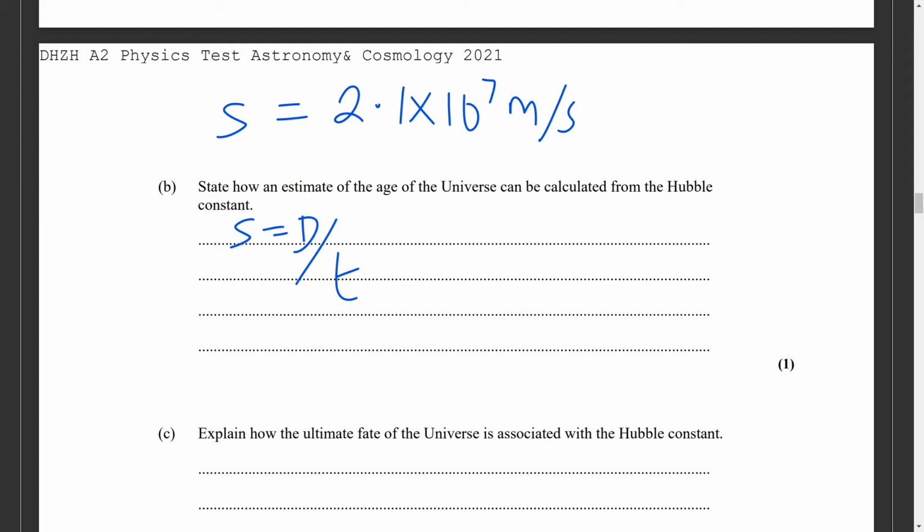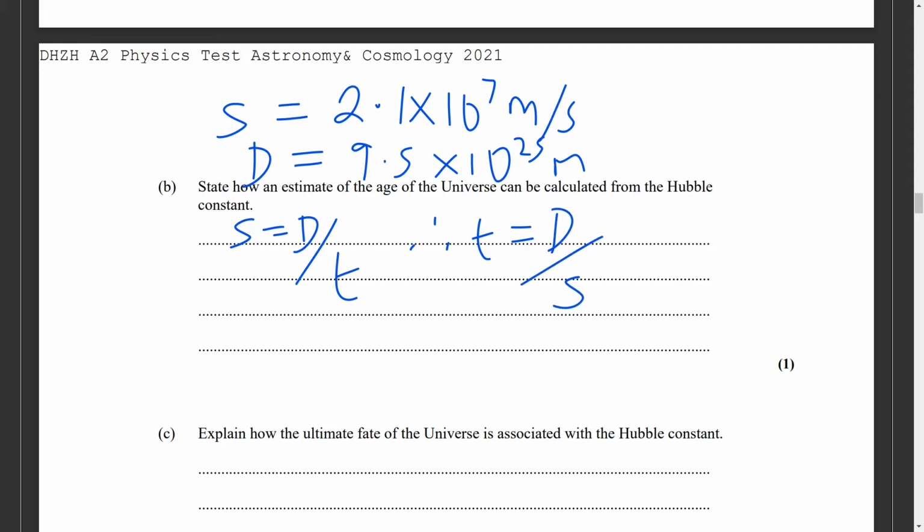And we also know that the distance from us to the nearest galaxy is around 9.5 times 10 to the 25 meters. So looking at those two values, you can therefore find t. Now, this t is the time since the Big Bang happened. The time since the Big Bang happened is the age of the universe.